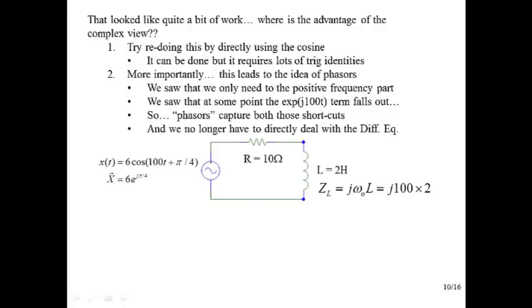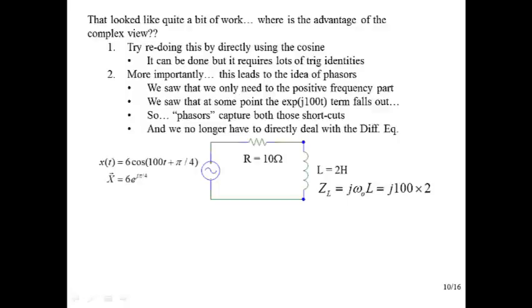This idea of phasors that seems so confusing in circuits class is really the simplest thing in the world. It's a series of steps that captures essentially what we just did. It's how to solve differential equations, circuits really, RLC circuits, but differential equations. It's a way to solve them quickly when our input is sinusoidal.